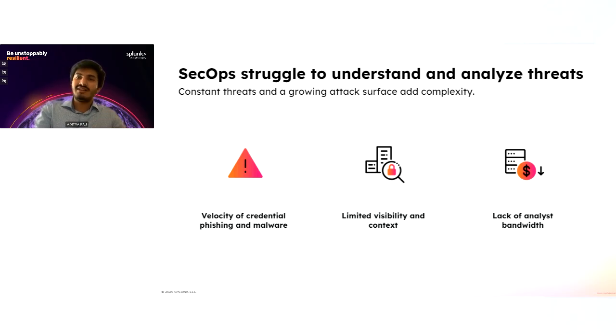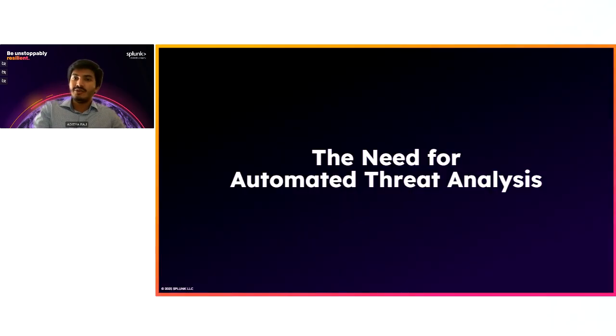These struggles are known by all, and still exist in our industry even in 2025. So all of this calls for one single thing: the need for automated threat analysis.